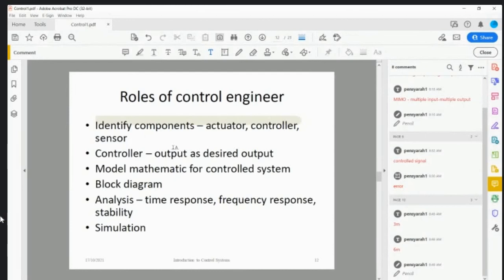Then of course you need to be able to come out with the block diagram, and do the analysis in terms of time response, frequency response, and stability analysis, and then simulate the behavior of the system. So basically this is what we're going to cover in this course. First we will start with block diagram and mathematical model. This will be covered in the next chapter, chapter 2.